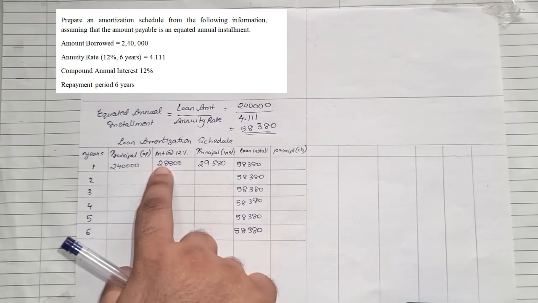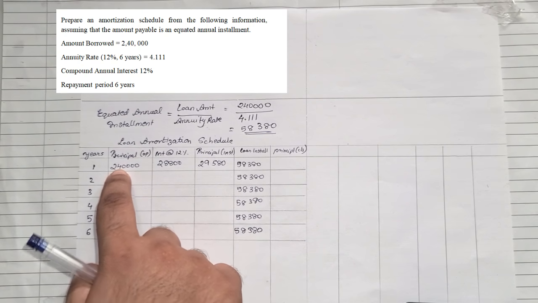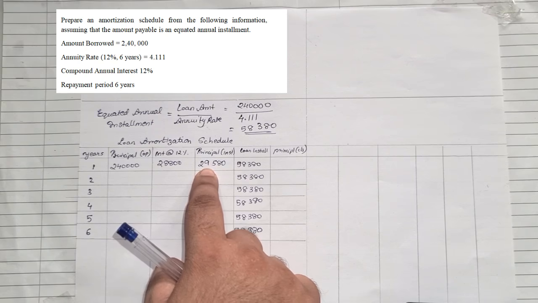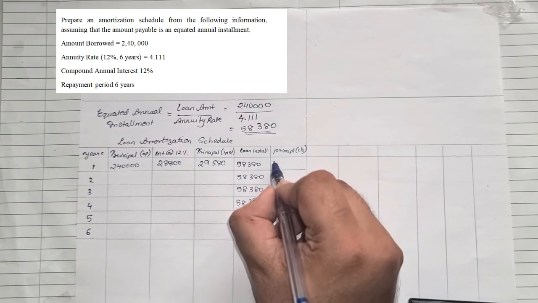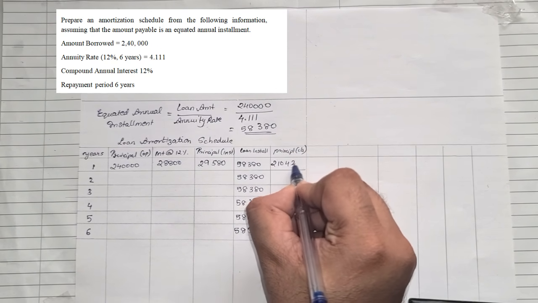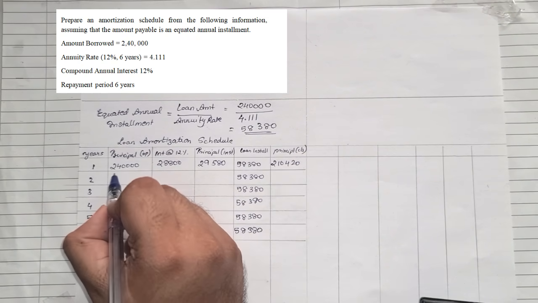So loan installment minus interest will give you the principal. Now opening balance minus the principal installment will give you the closing. So 2,40,000 minus 29,580, we will get the value as 2,10,420. Last year ka closing will become the next year ka opening.